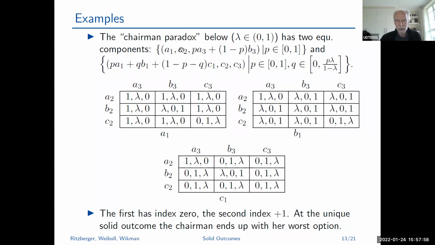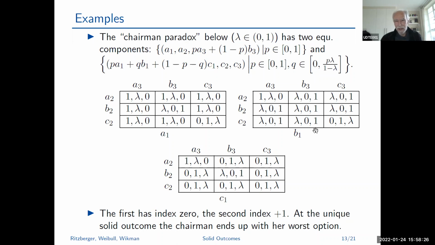Okay. So one equilibrium component is the one where he actually gets his most preferred option A. The other component is the one where the chairman ends up with his or her worst option C, right? That's the one that the chairman really hates.